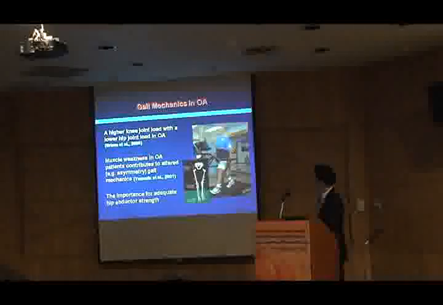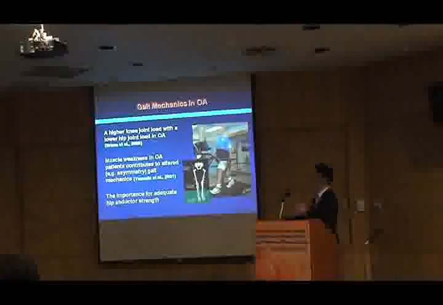For the gait mechanism, we believe higher knee loading is a risk factor for OA, especially medial OA. We believe muscle weakening may change gait patterns, such as their symmetry.